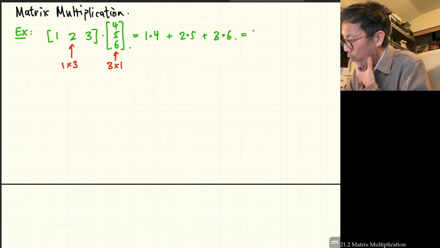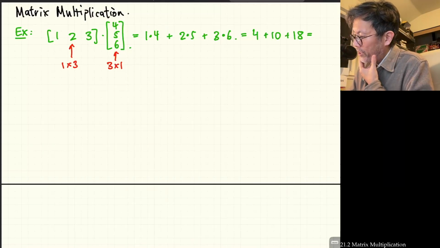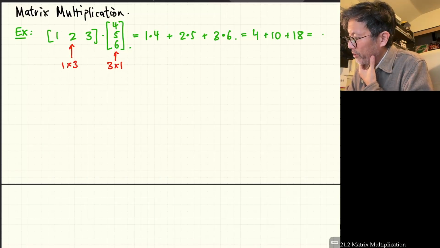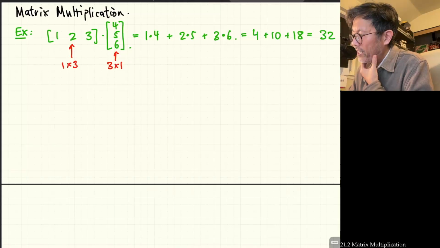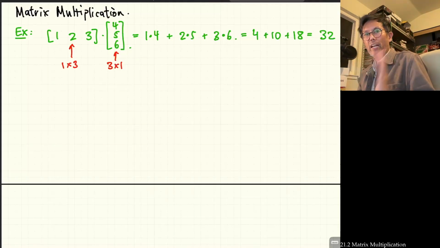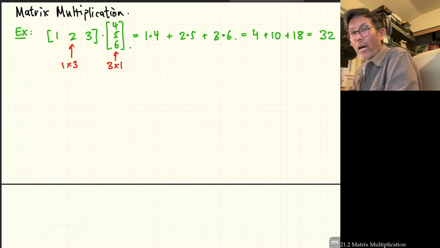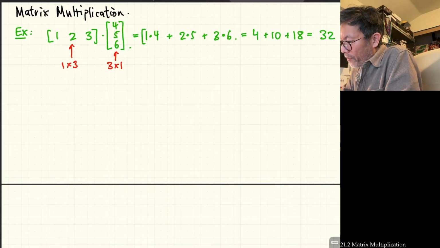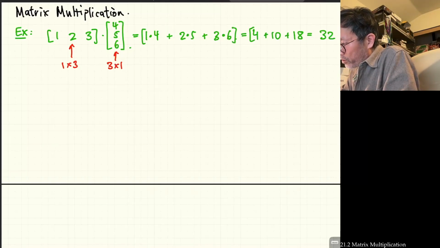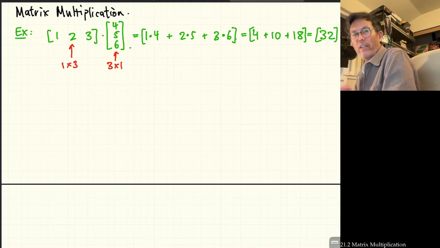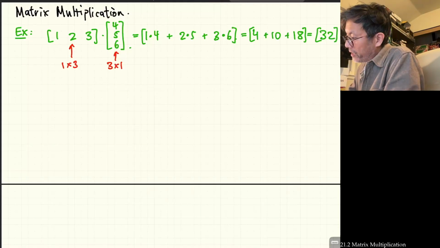This ends up being 4 plus 10 plus 18, which is 32. That's the product. In other words, I'm going to think of it as a 1 by 1 matrix, a matrix with just one row and one column.